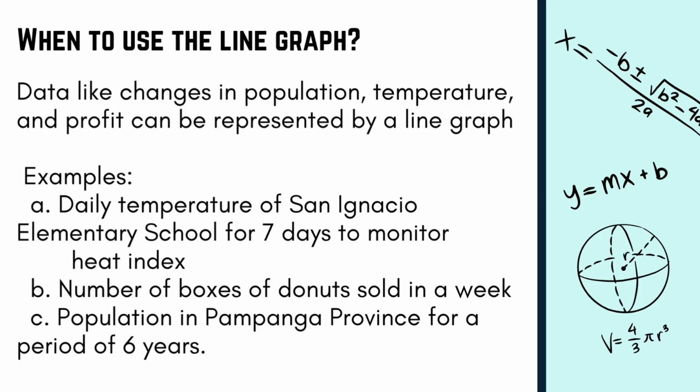Pwede rin halimbawa, how many class suspensions for the whole 10 months. So for June, may class suspension ba? July, August, September. Pwede din nating malaman, bakit napakarami during the month of August and September. So, makikita natin doon. And gaano ba kadami yung total number of suspension of classes within the school year.